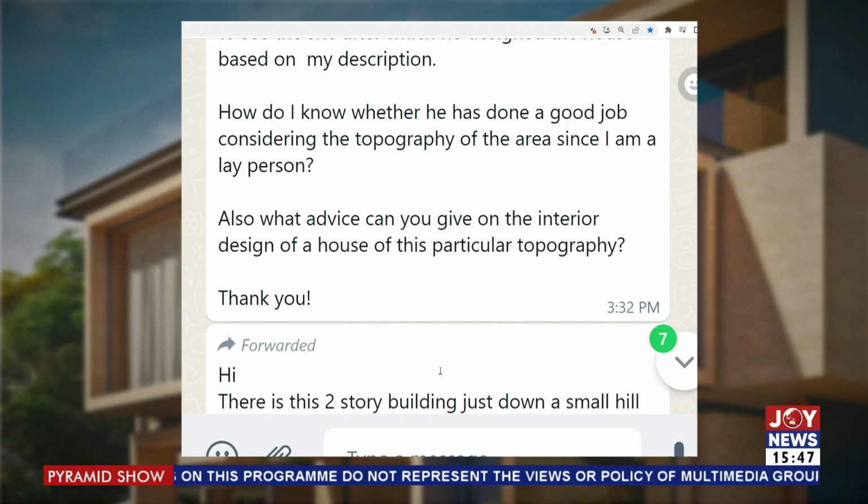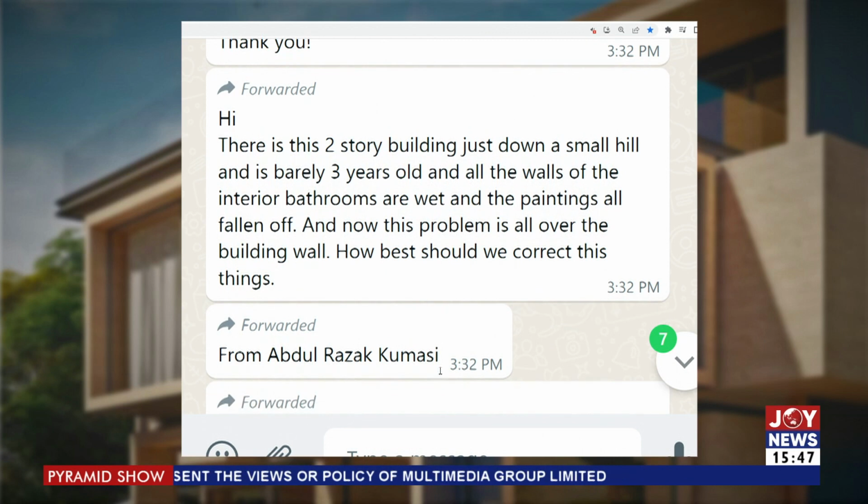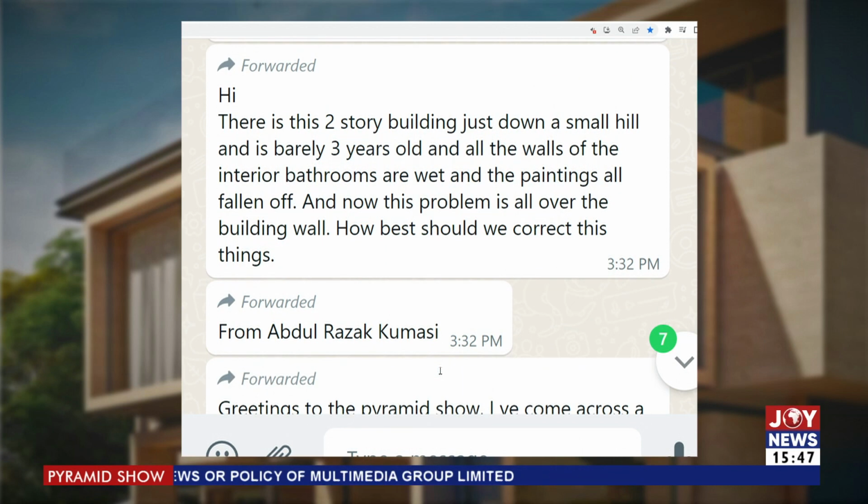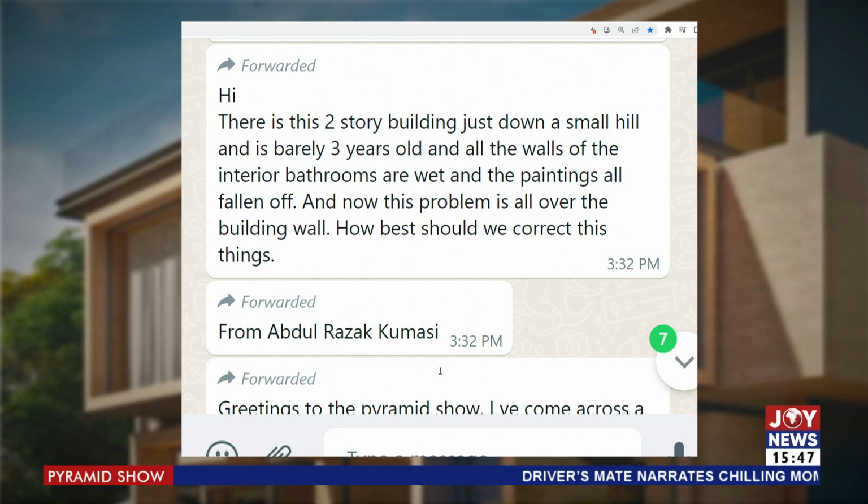Also, what advice can you give on the interior design of a house on this particular topography? There is this two-story building just down a small hill, and it's barely 3 years old, and all the walls of the interior bathrooms are wet, and the paint is falling off. And now this problem is all over the building walls. How best should we correct things?